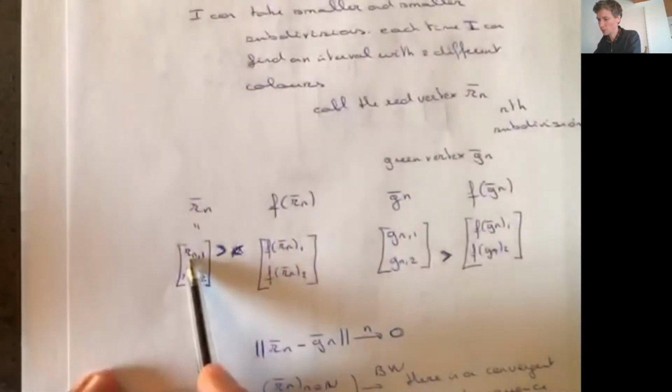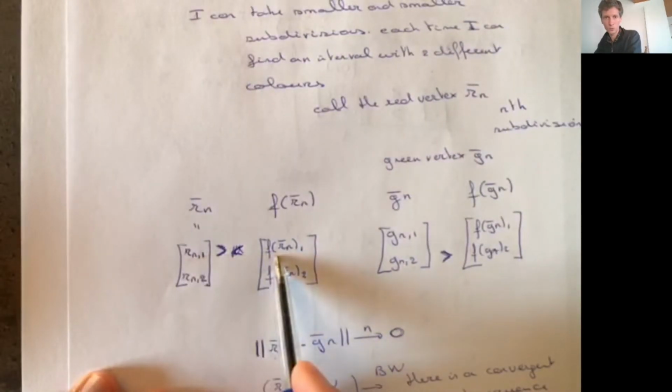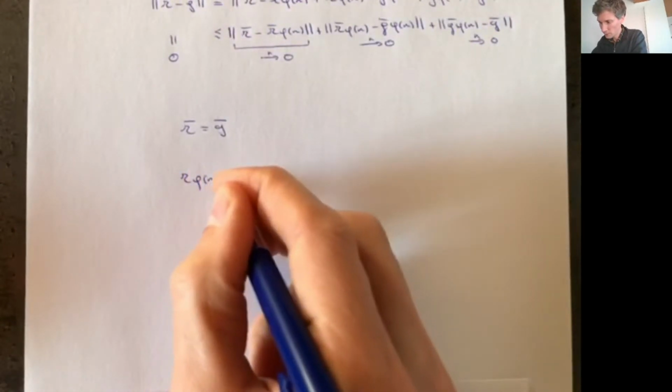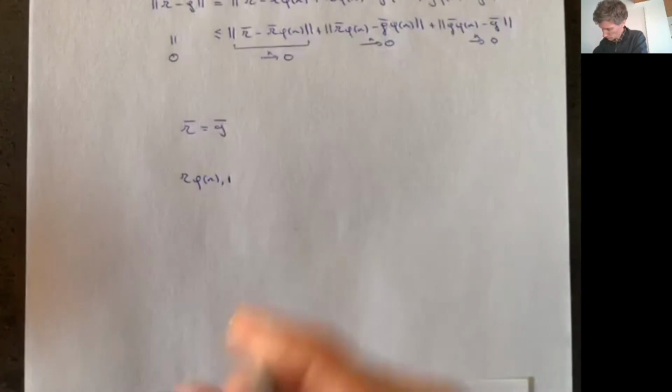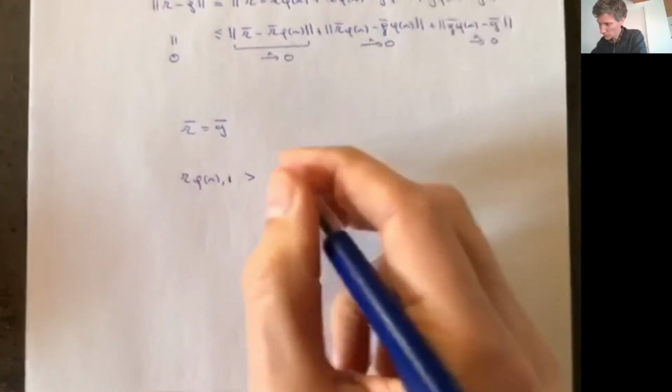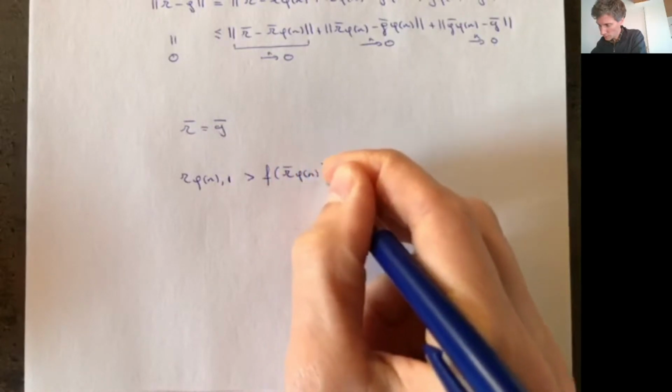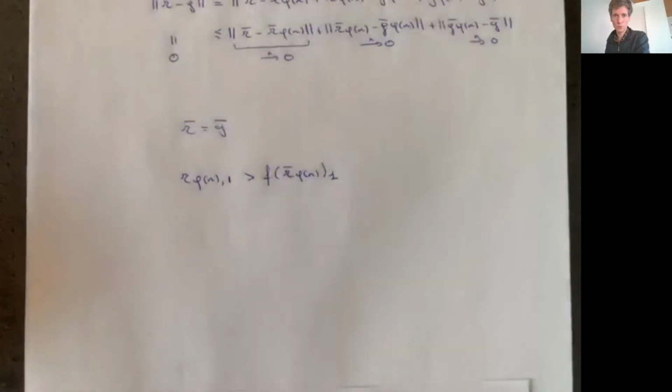The r phi n's are red, and we know that for all the red this inequality holds. So in particular, r phi n, the first component, is bigger than f of r phi n, the first component.